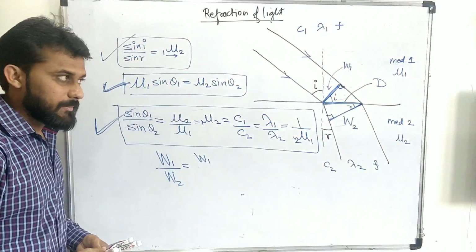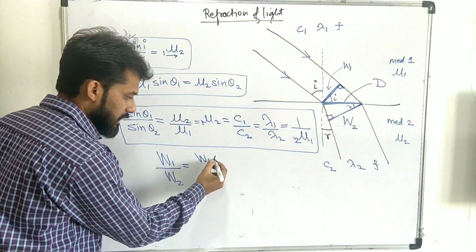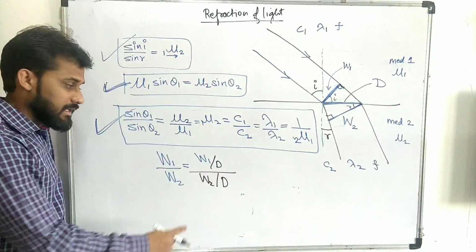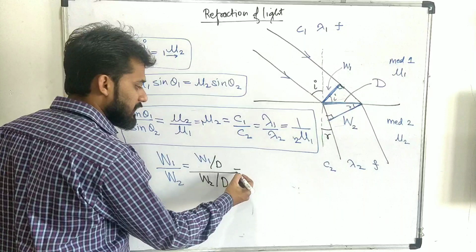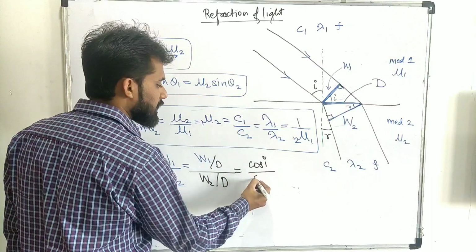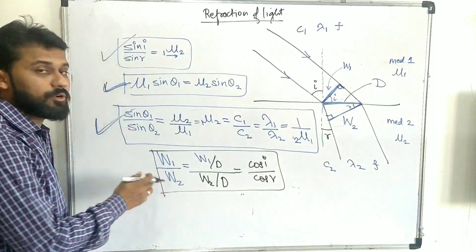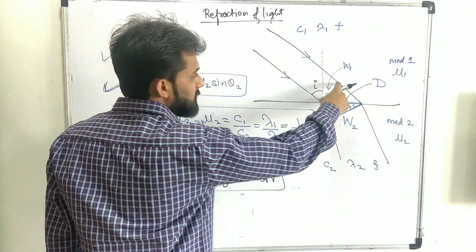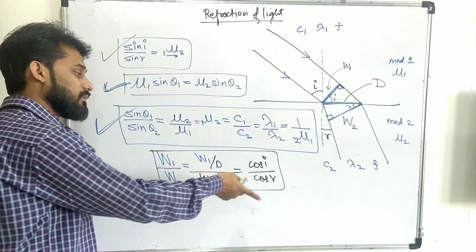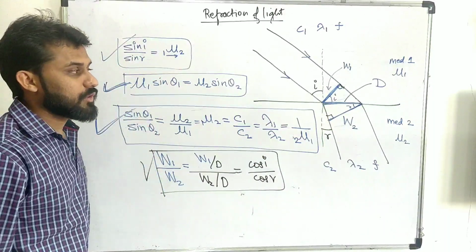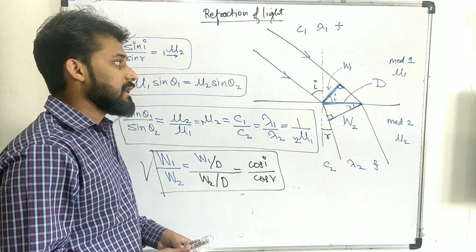So width 1 upon d upon width 2 upon d will be equal to cos i by cos r, and this is the formula of width 1 upon width 2. Width in first medium upon width in second medium is cos of angle in first medium upon cos of angle in second medium. This will help you to solve questions regarding width.